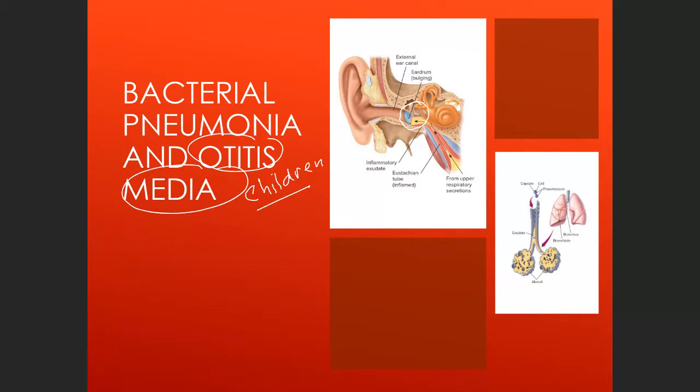So children usually have a higher risk of otitis media. When they are growing up, the ear also increases a little bit, so it's going to be more difficult for Streptococcus pneumoniae to reach the middle ear. So that's the reason why most otitis media happens in children.